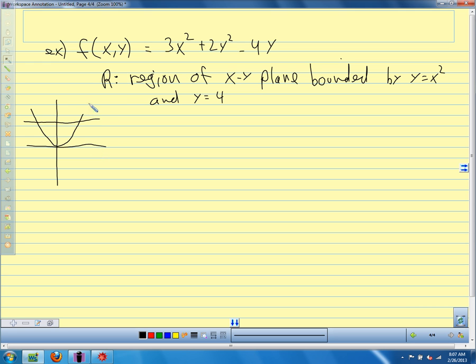And these are going to intersect at (2, 4) and (negative 2, 4). Are these intersection points. So we want to find the extreme value of this function bounded by this parabola and the horizontal line. So let's find our critical points first.